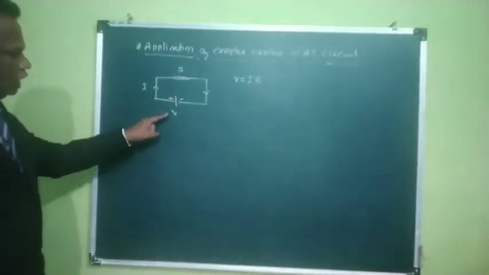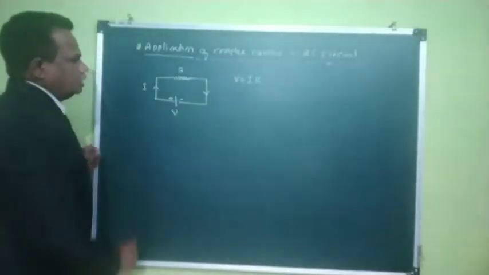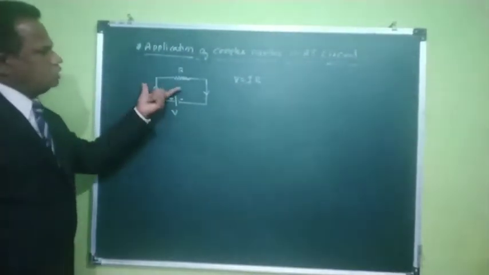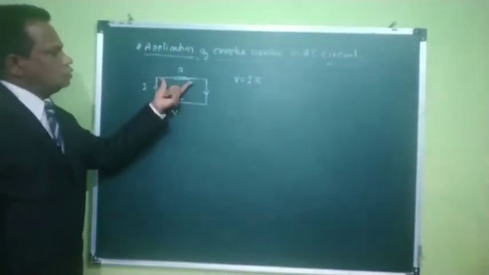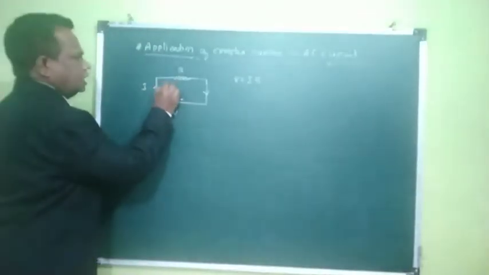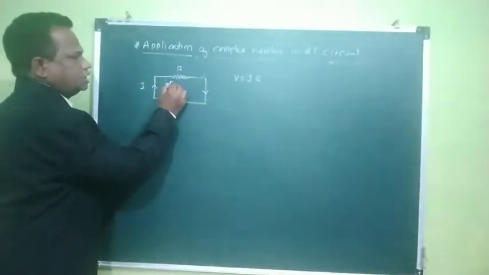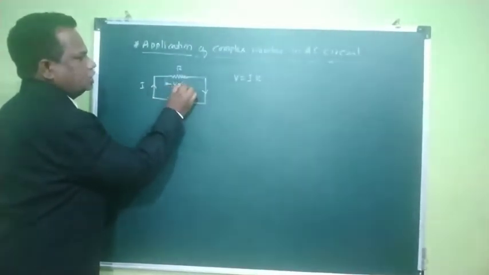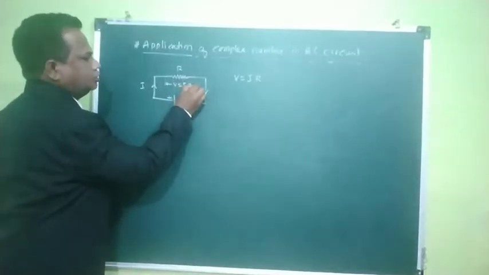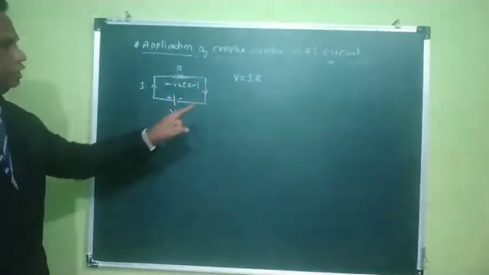So you know that voltage is set up across this resistance. What is the voltage across this resistance? Voltage V across resistance is equal to I into R. You know that. V is equal to IR.